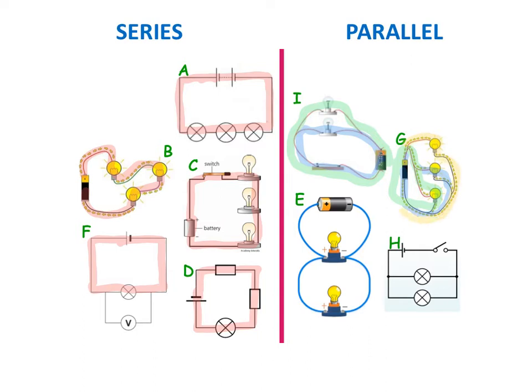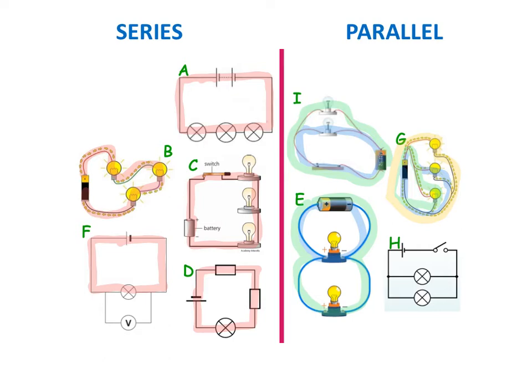So actually there were three paths or three loops for G. For E, a bit more straightforward, that's one, and that's a second. And then for H, much clearer.